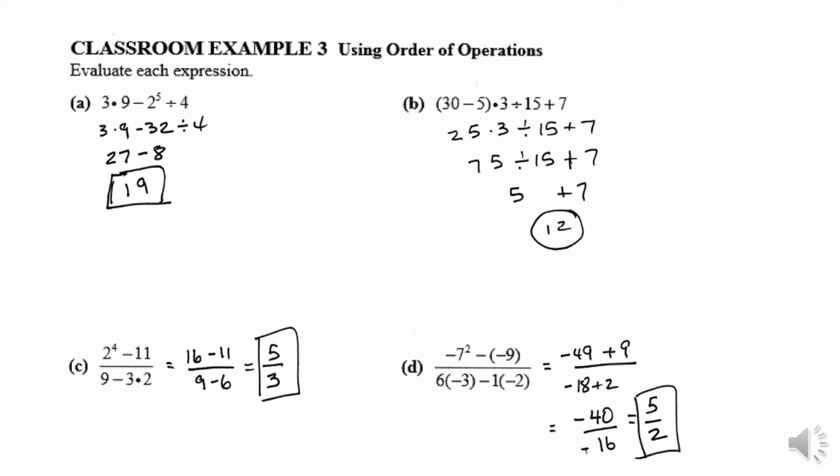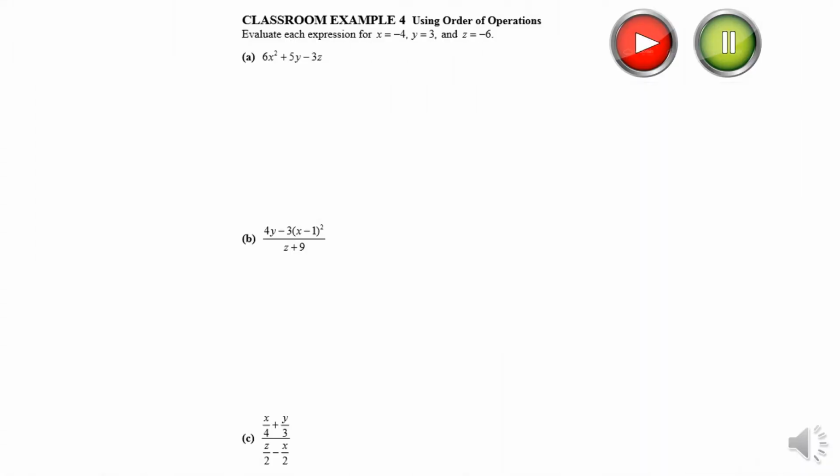Here are my answers. You can also use the order of operations when you have variables, and here we're inserting values for the variables. We're evaluating an expression for x equal negative 4, y is 3, and z is negative 6. Here are the answers.